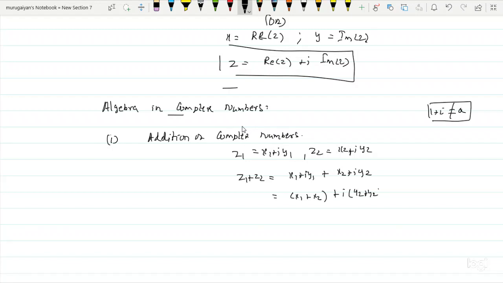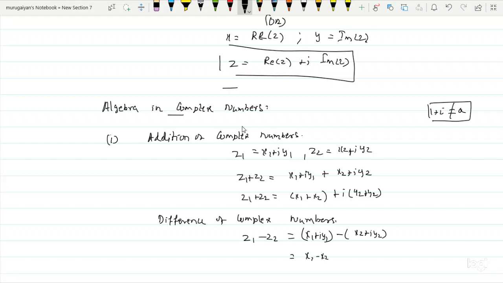This is the method of adding two complex numbers. Now the difference of complex numbers: z1 minus z2 is x1 plus iy1 minus of x2 plus iy2, that is x1 minus x2 plus i into y1 minus y2.